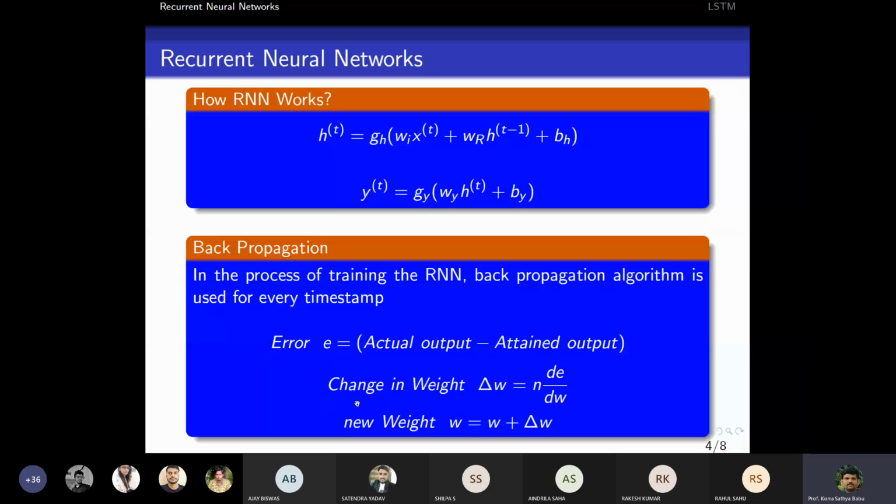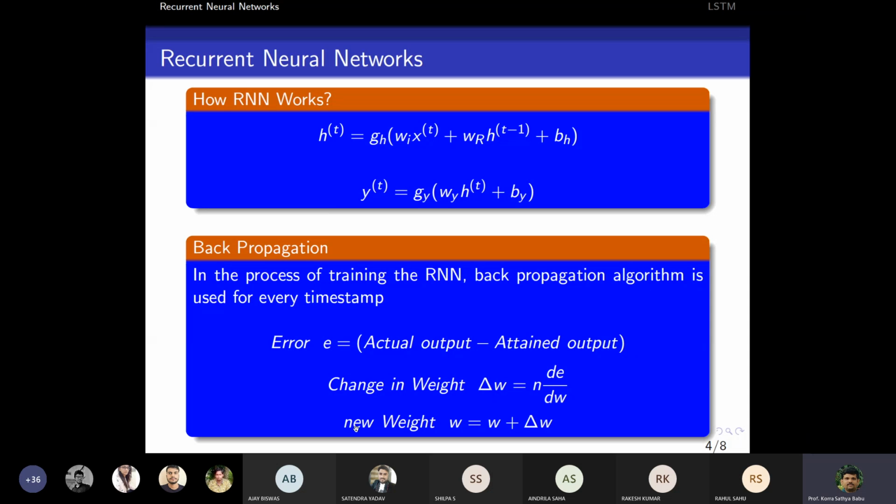So now you take the change in weight, delta W, is equal to n into, where n is the learning rate here, into the change in error with respect to the weight, or you can say this one is the gradient, the rate of change in error with respect to the weight. Delta W is taken as n, the learning rate, into the gradient. So this is delta W.